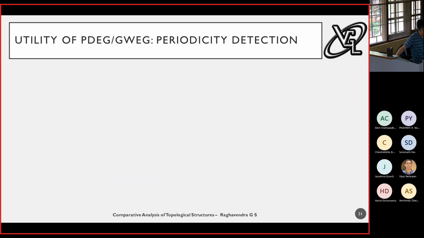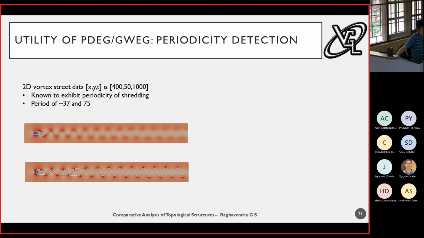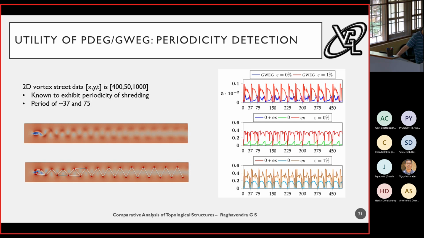We show one application, which is again the periodicity detection in the 2D vortex street data. We construct the extremum graphs of all the 1000 time steps, and we compare time step 0 with all the other time steps. Again, we are able to find the half period, which is 37, and also the full period, which is 75. We are able to find it after a persistence simplification with a threshold of 1%.